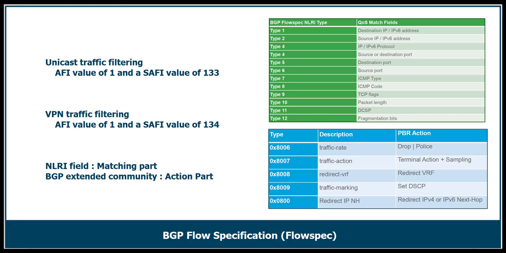And also in the blue table, we have extended community value based actions. For example, here you can see the community values and the PBR actions: drop or police, terminal action, sampling, redirect, set DSCP, redirect IPv4 or IPv6 next hop, and also the description.